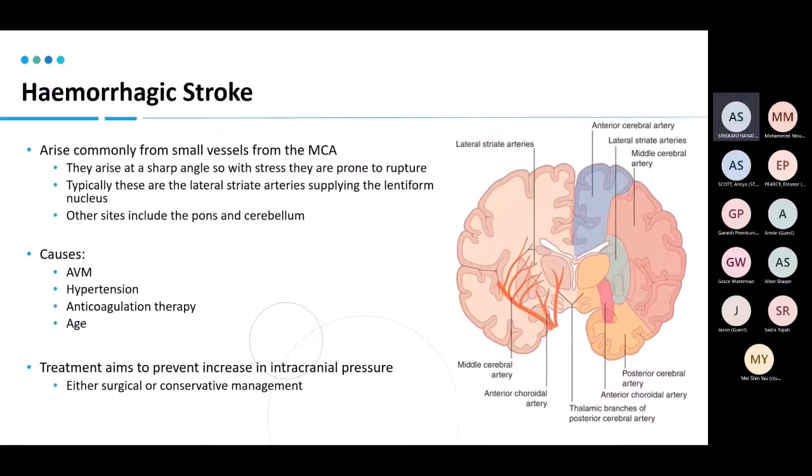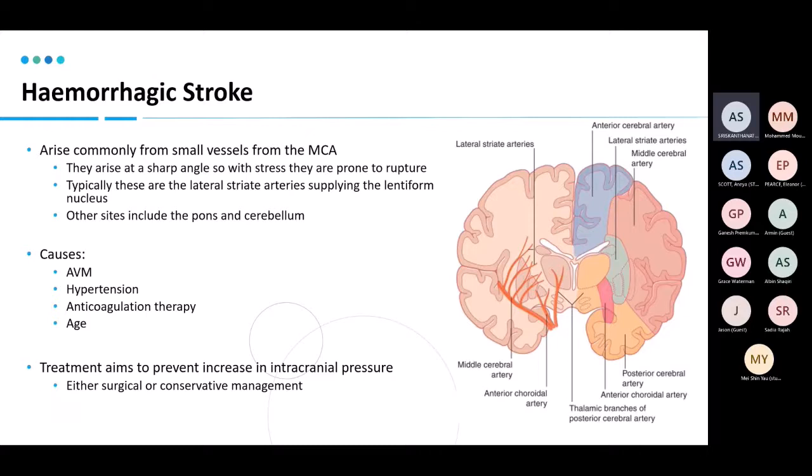So, quickly going through hemorrhagic stroke. They commonly arise from the smaller blood vessels which come off the middle cerebral artery, and these come off at a sharp angle. The way I think about it is, if you have a tree branch with little twigs coming off, the closer they are to 90 degrees to the branch itself, the more likely it is to break off.